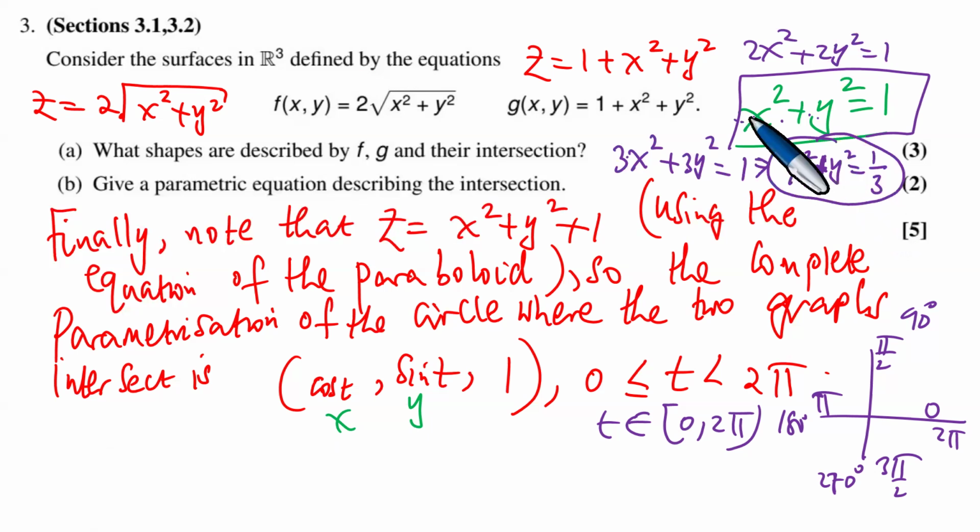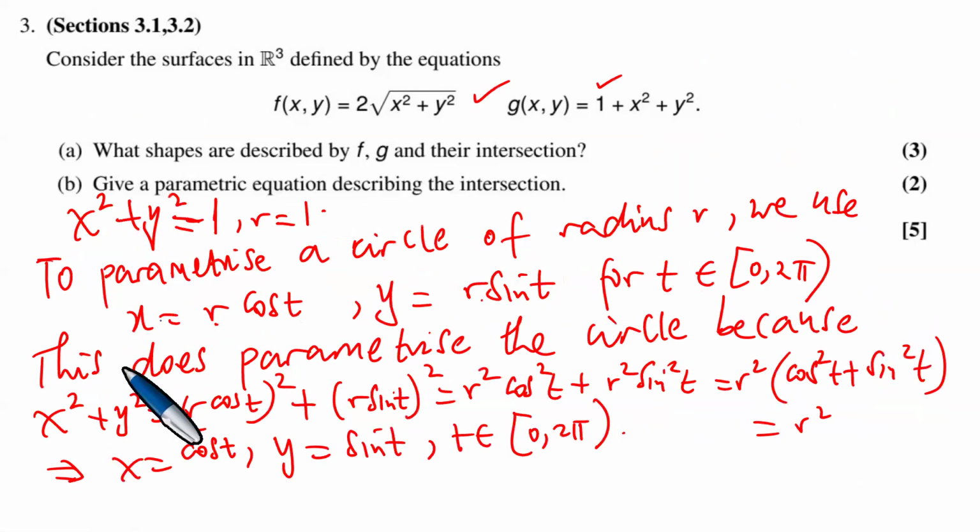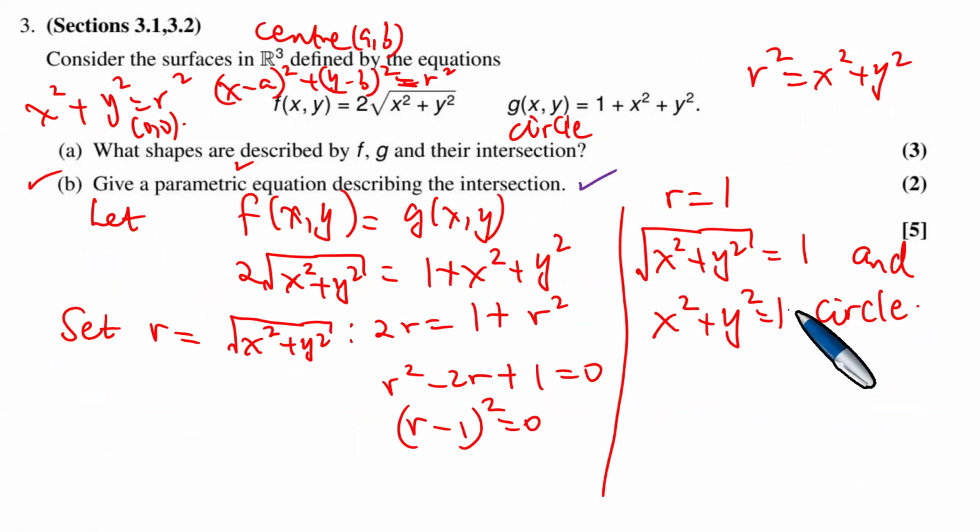There are many circles, but we got radius 1 here, because the intersection was x squared plus y squared equals 1. We know the radius is 1 because we use the transformation r equals the square root of x squared plus y squared, so we got r equals 1, that is, x squared plus y squared equals 1.